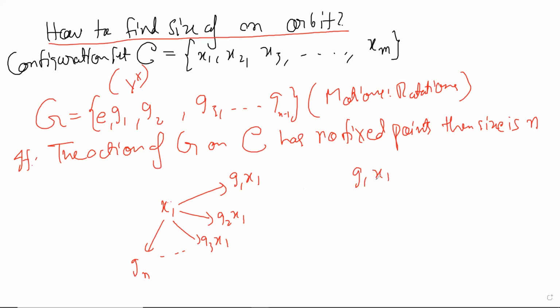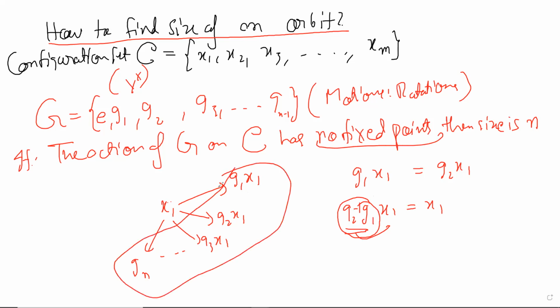Because if these two were equal, you can apply the inverse of the g2 motion, and then this becomes a motion fixing x1. But we have assumed that no motion is fixing. That's why all these are different.